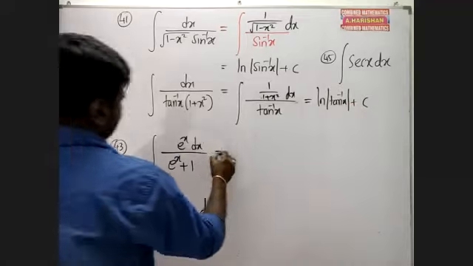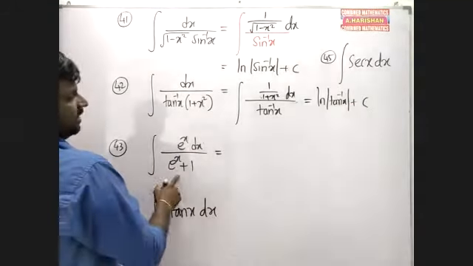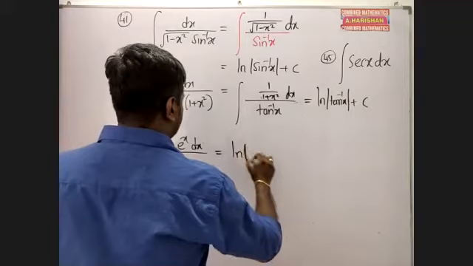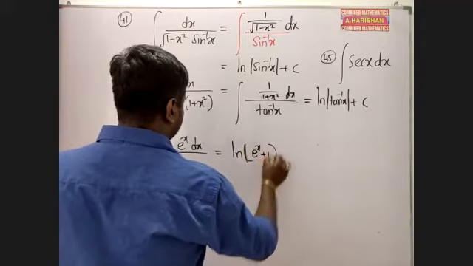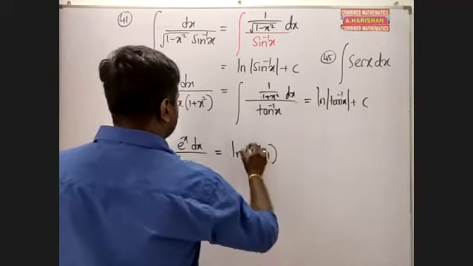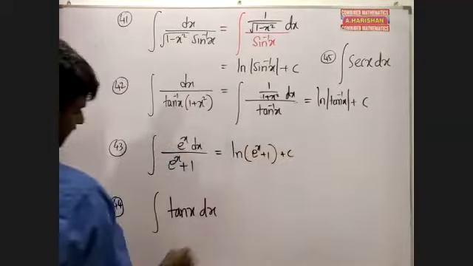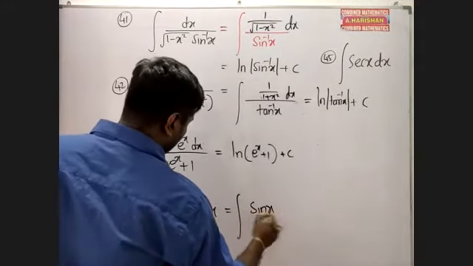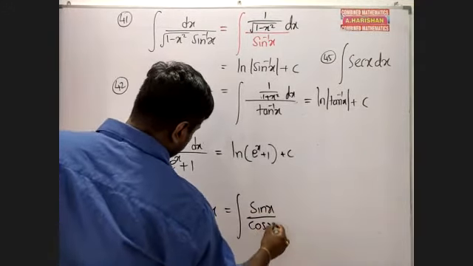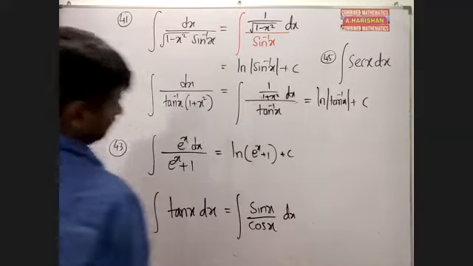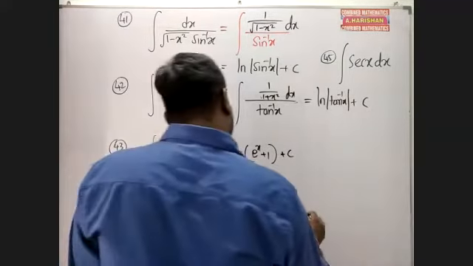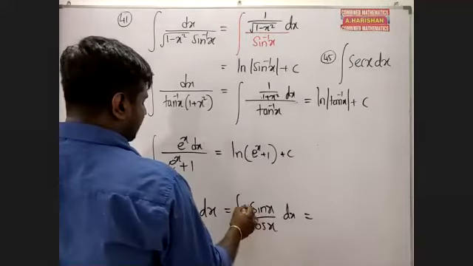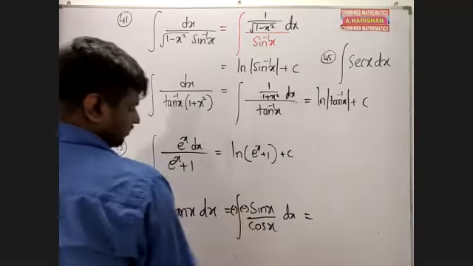Okay, so what about this? The differentiation of e to the power x plus 1 is e to the power x, so straight away you can put ln of e to the power x plus 1 plus c. Tan x, there is a small thing you need to do: sin x over cos x dx. Then the differentiation of cos x is in the top, no, but you have to put a minus and take the minus out.